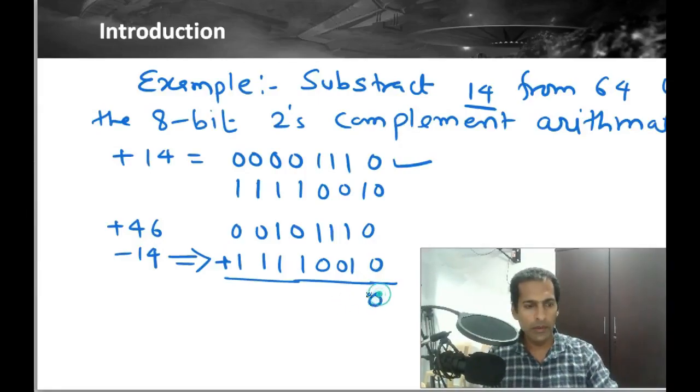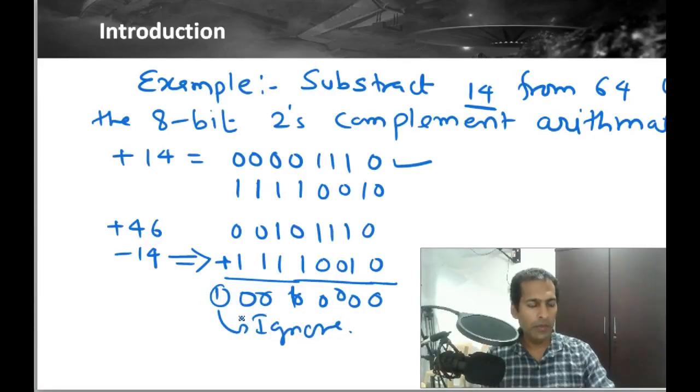Here we'll get 0, 0, 1 borrow, 1 1 0, then again 0, 0, then 1, 0, 0, and 1 carry which we'll ignore. So MSB is 0, so the result is positive and it is normal binary form. Therefore the result is plus 32. Now here is one example of binary addition. So let us see one more example.